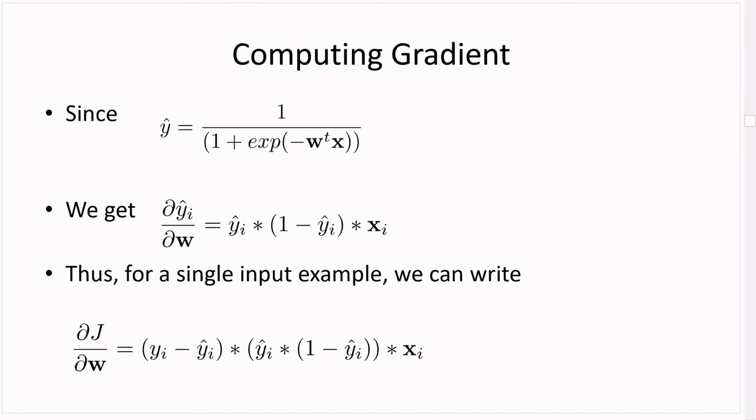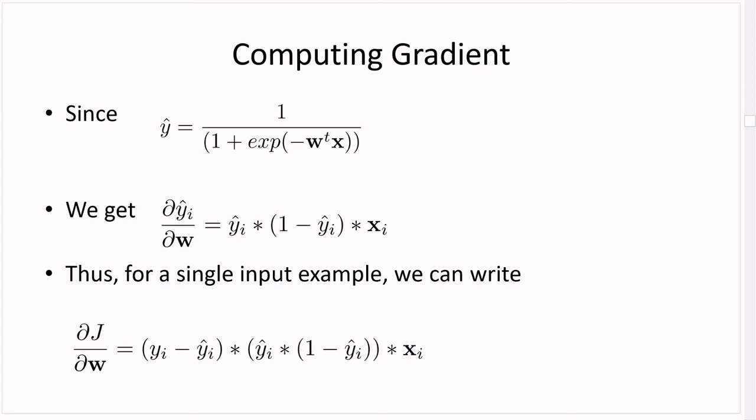So getting back to our sigmoidal neuron, y hat is given as shown. If we were to take the del y hat by del w, we are going to get it as yi hat times 1 minus yi hat times xi. Thus, for a single input example, we can write our learning rule as equal to del J by del w. That is, the weight adjustment rule is given by yi minus yi hat times yi hat times 1 minus yi hat times xi.